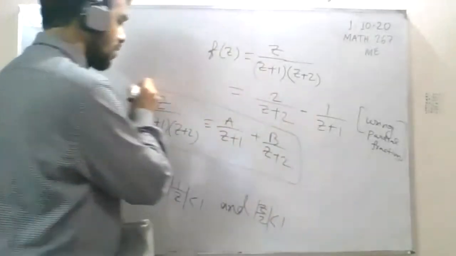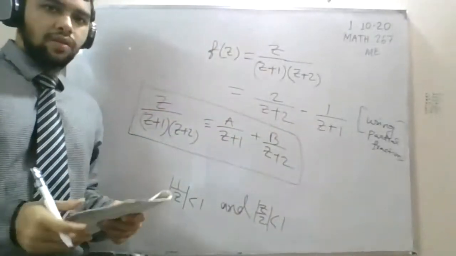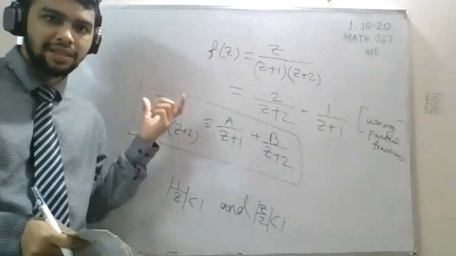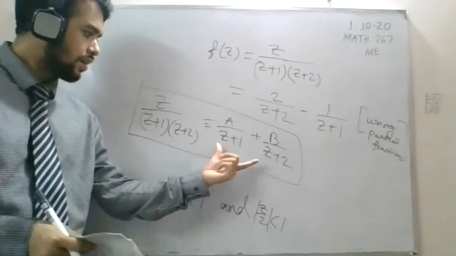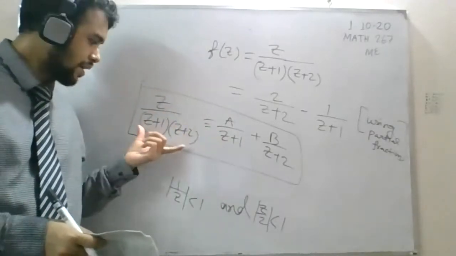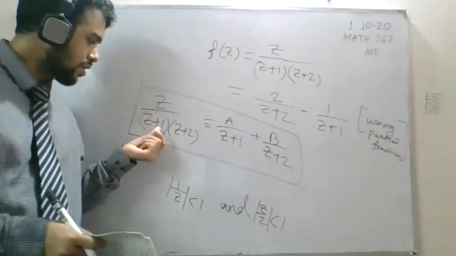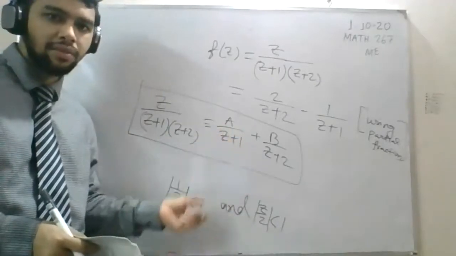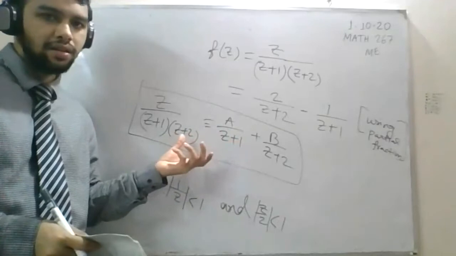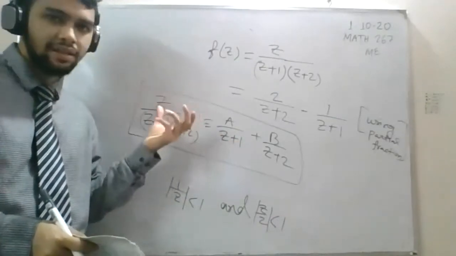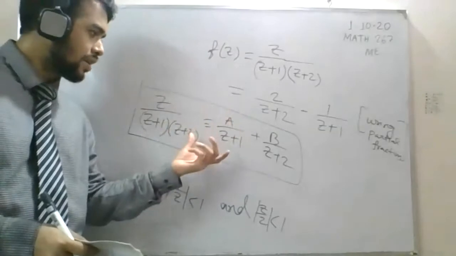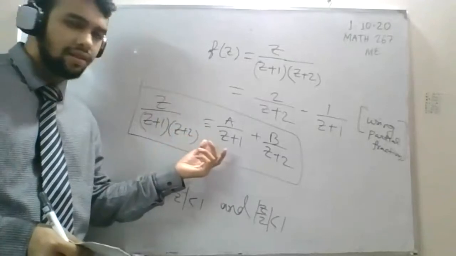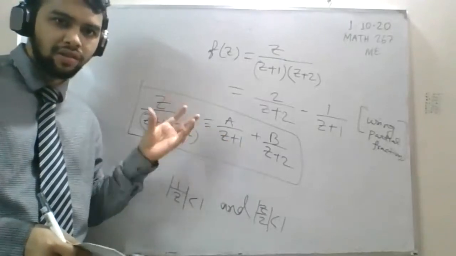Sir, with the shortcut it would be done. Yes, normally you did this in intermediate: the basic rule was to just multiply this equation by the denominator, and after that just put -1 and also -2, and you can get the values of a and b. But there is an even shorter technique. If I give a lengthy math and you do it in this style, it becomes much lengthier.